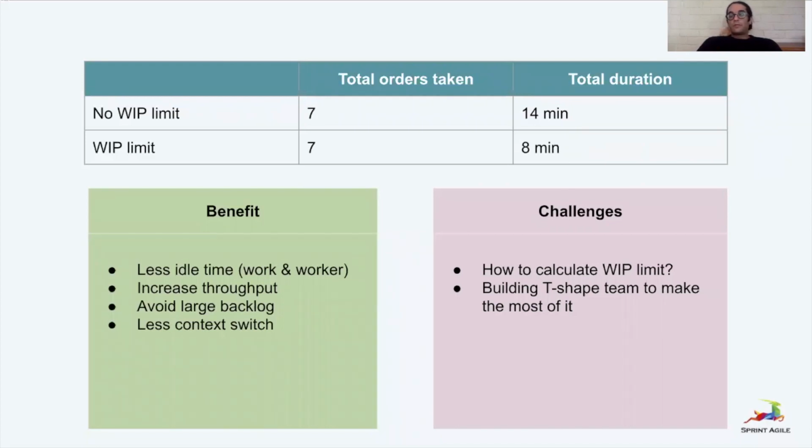WIP limit can also reduce context switching as well, which I'm going to talk about in a separate video. But WIP limit, like any other tool, has some challenges. For example, there is a lot of discussion about how to calculate the WIP limit and what is the right WIP limit, which I'm going to talk about again separately later.